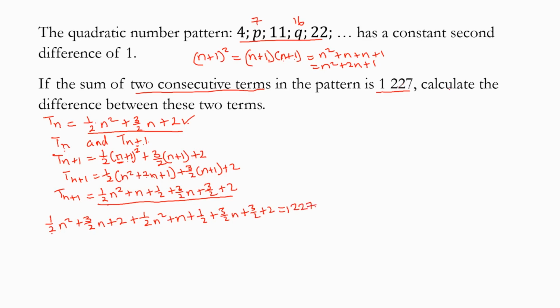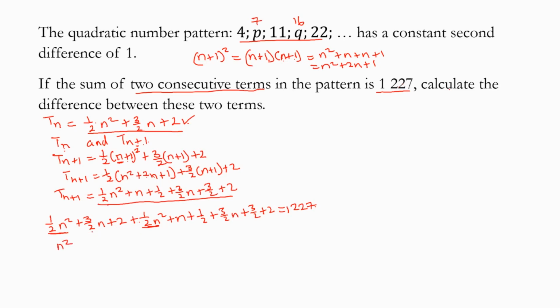Right, we can collect the like terms here. Let's start with the ones with n squared: half n squared, half n squared. So what is half plus half? This is 1. So this will just give us n squared.